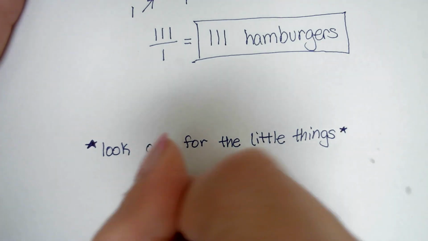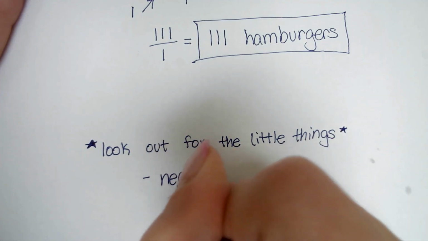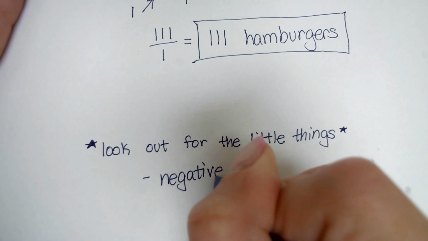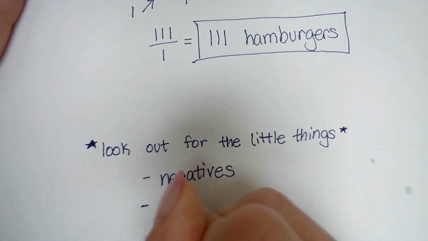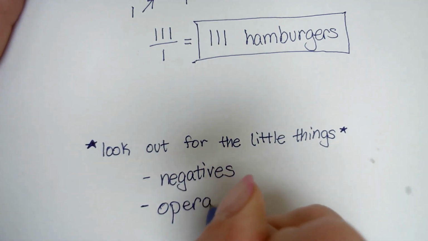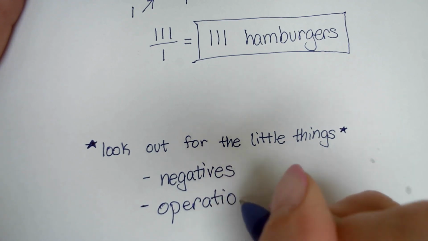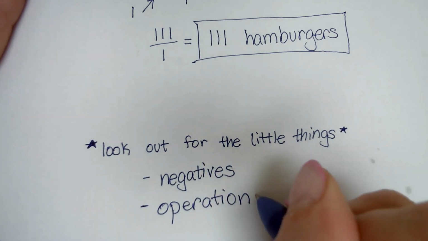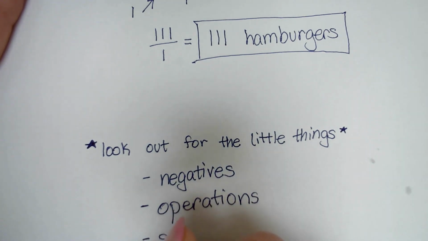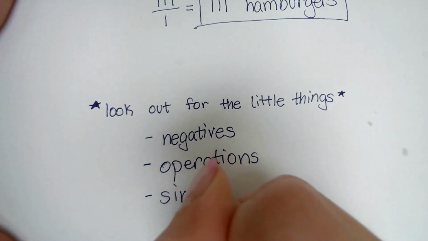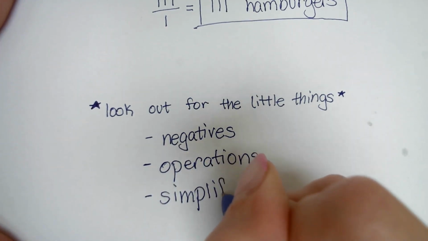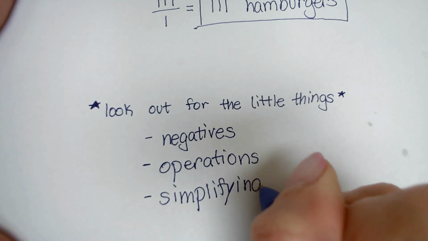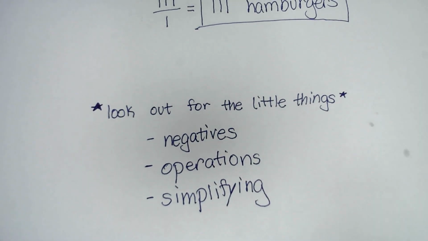The little things, for example, negatives. The correct operation. If you're supposed to be adding, make sure you're adding and not subtracting. So operations, simplifying, that's a big one. So those are some of the things to look out for while you're practicing.